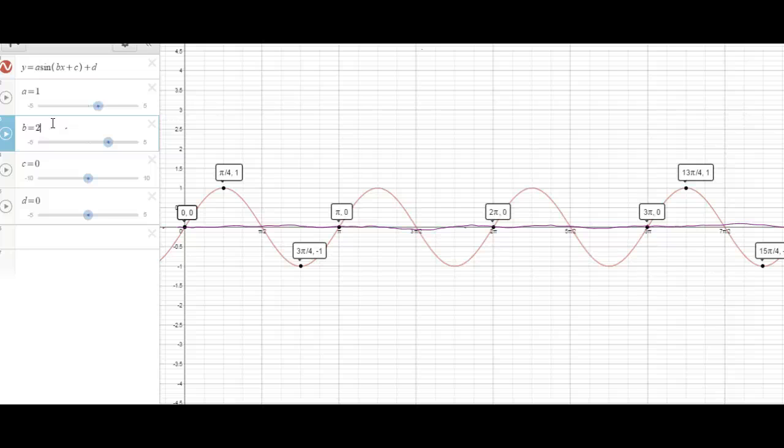It's on there, it's listed, it's labeled. So starting at 0, 0, go up to the top, back to the middle, down to the bottom, back to the middle. How long does it take to do that? x value. What's the x value? The top. How long does that take? Pi?